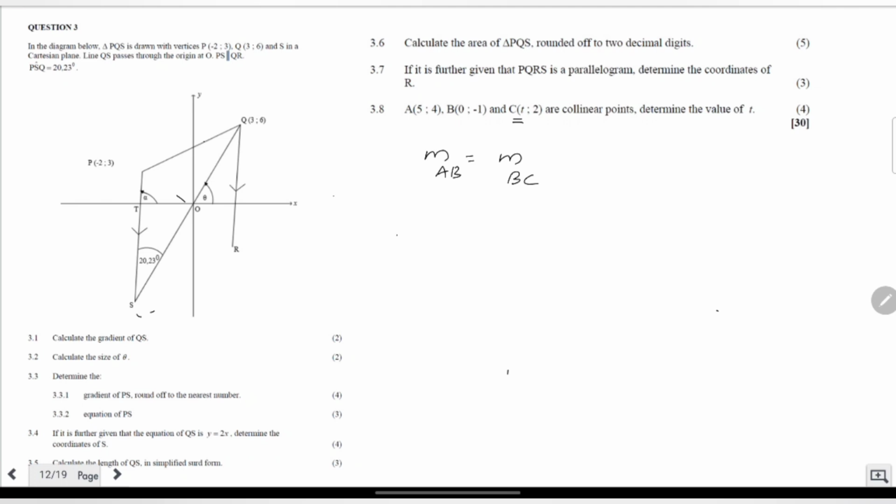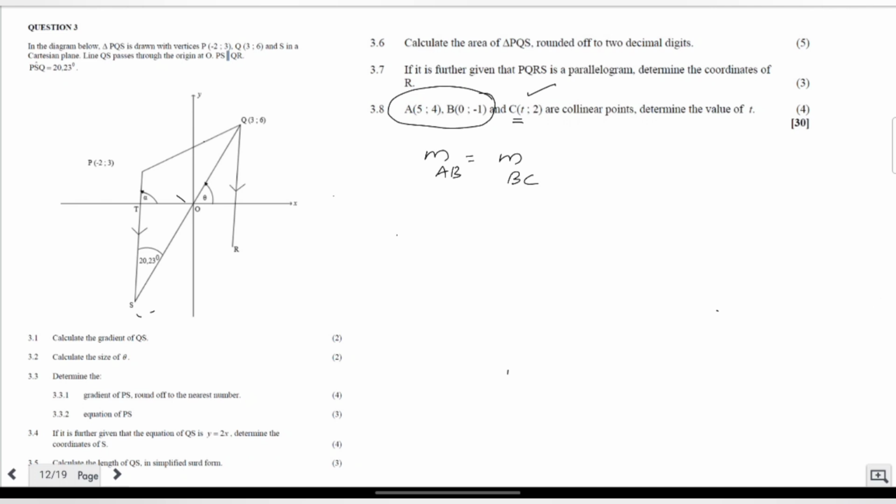If I use the two points A, B to find the gradient, it is the same as if I use the points B and C, because they are all on the same line, and on the same line the gradients are the same. Clear? Or another way is to use these two complete points to find the equation of the straight line, then substitute this point to find the value of t. That way also we can do it.